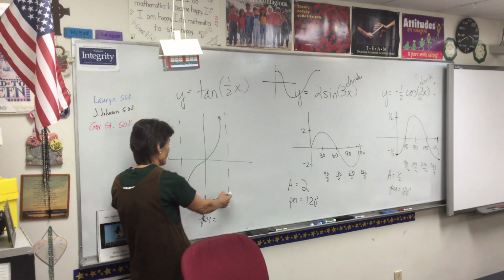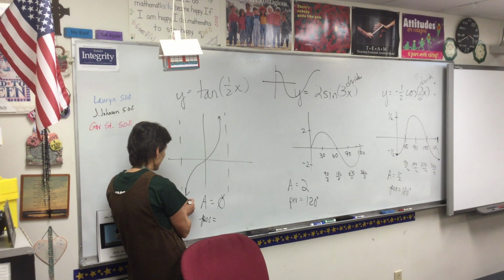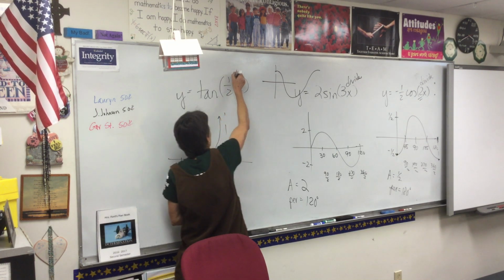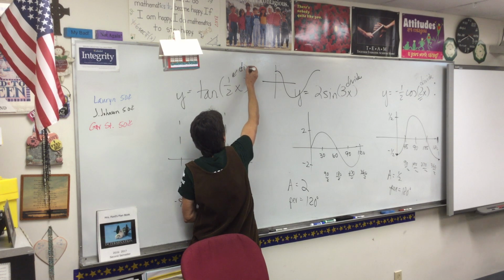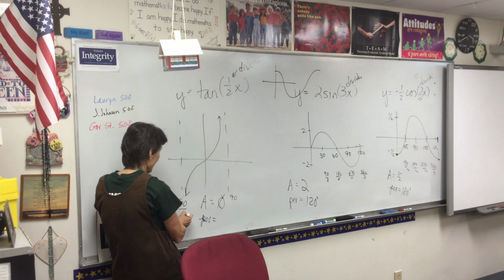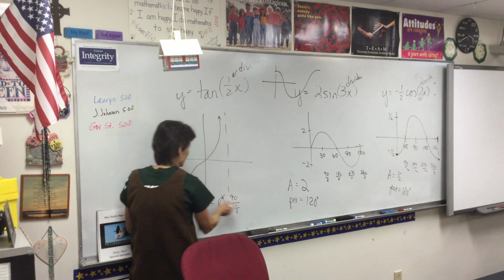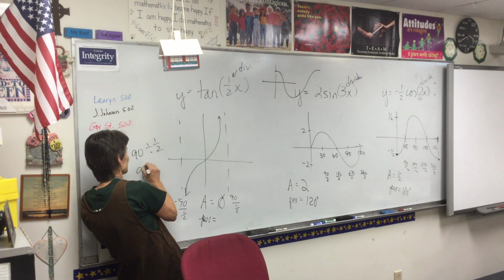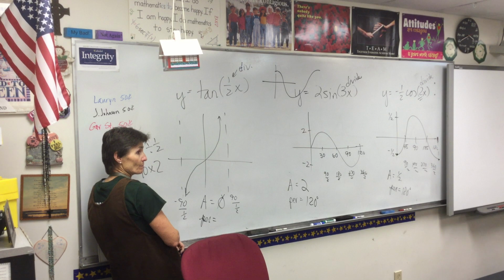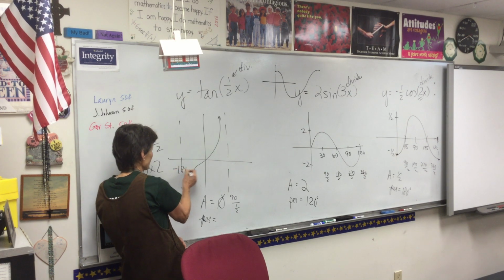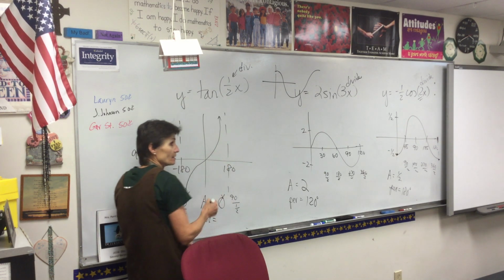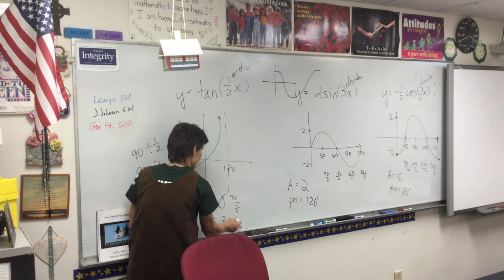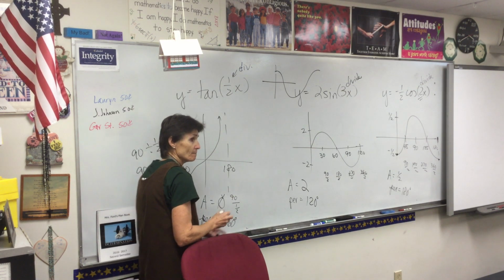These are supposed to be what? 90s. But whoa, I have divided by a half. So 90 divided by a half is 90 times 2. So my real labels are negative 180 and 180. Which means my period is 360.